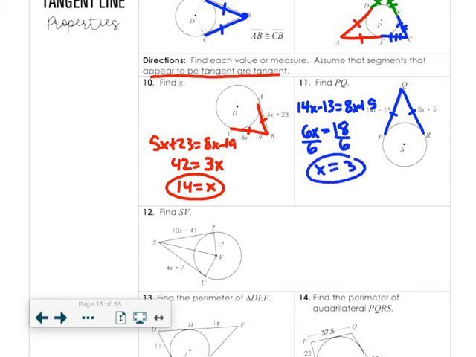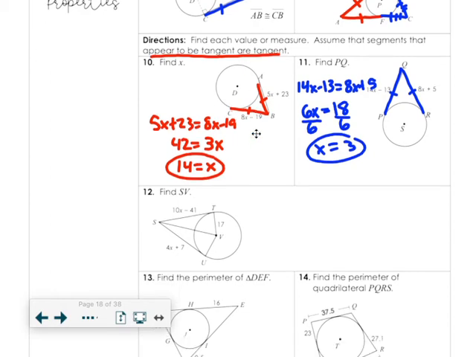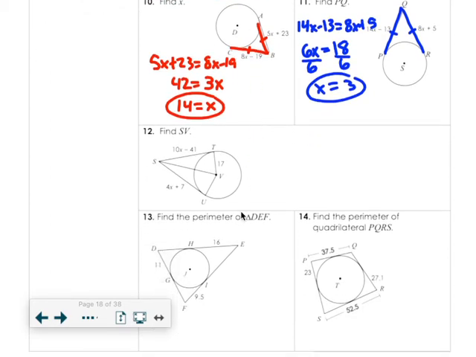Okay, looking at this one, it looks a little bit more complicated. They want SV, which is just something a little tricky. But what we can start with is finding out what x is. So SV is this. We're going to eventually come back and get this. This is like our question mark that we have to come back and figure out.